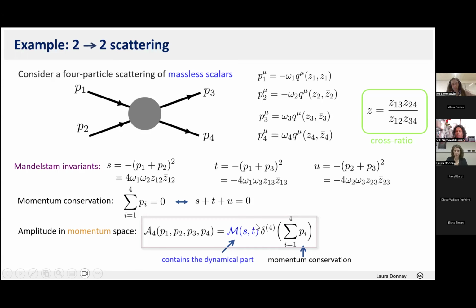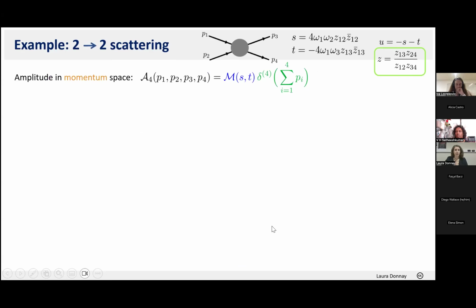So this is just saying momentum is conserved, and this contains the interesting part of the amplitude. It's very generic. This is how we usually write the 4-point amplitude in momentum space.